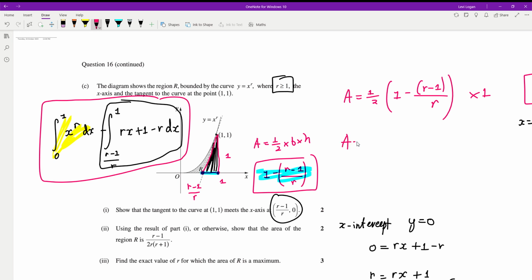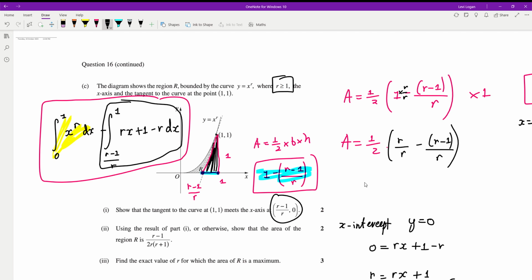So we go area is a half. Now, if I want to combine these two together, they need to have common denominators. So what I'm going to do to the 1 out the front here is times the top and the bottom by r. So what we have is pretty much r on r minus r minus 1 on r. We can leave them times 1 now because that's still going to be the same.